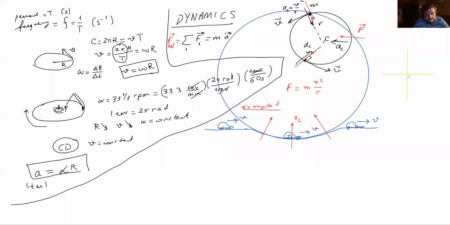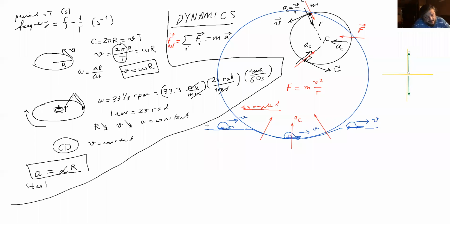So there's the weight of the car, which never goes away, right? mg. And now I have to worry about the normal force as well, which is going to be up. This is the force that the road exerts on the car. Okay, it lifts it up.